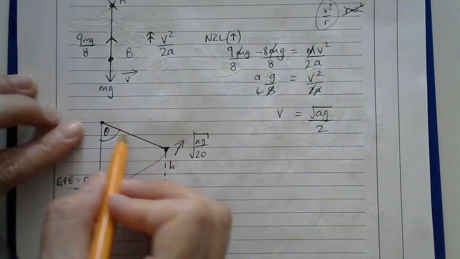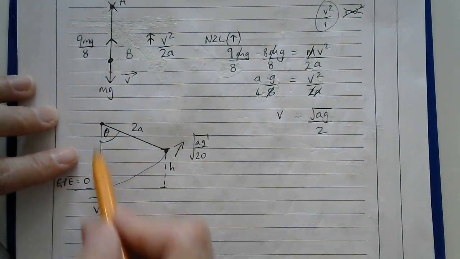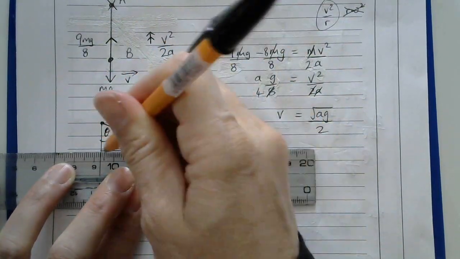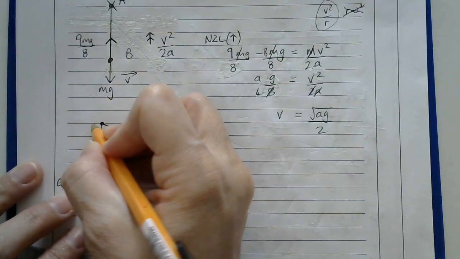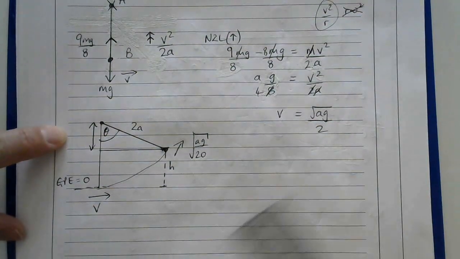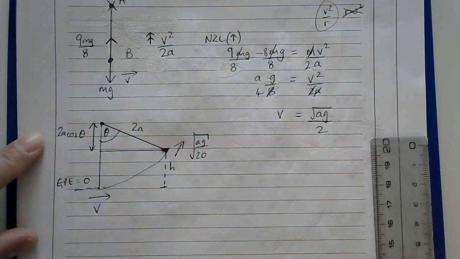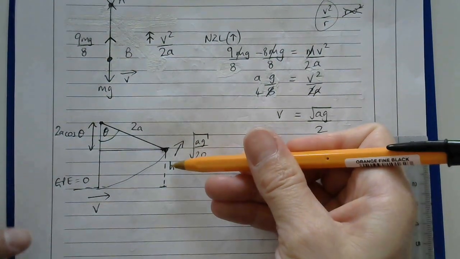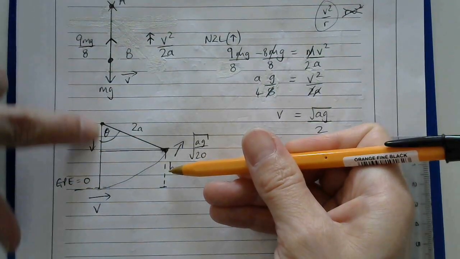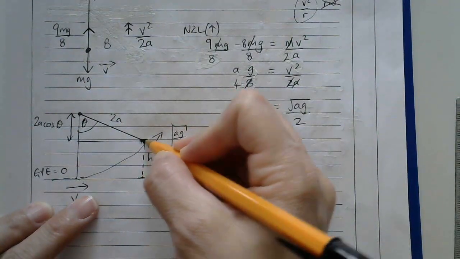Now, I know that the length of the rod was 2a, so from here to here is 2a, and also from here to here is 2a. So if I draw in this triangle here, using the hypotenuse and this angle, this is 2a cos theta, and so therefore I can write an expression for h as 2a minus 2a cos theta, and use that to write down what the gravitational potential energy is here.